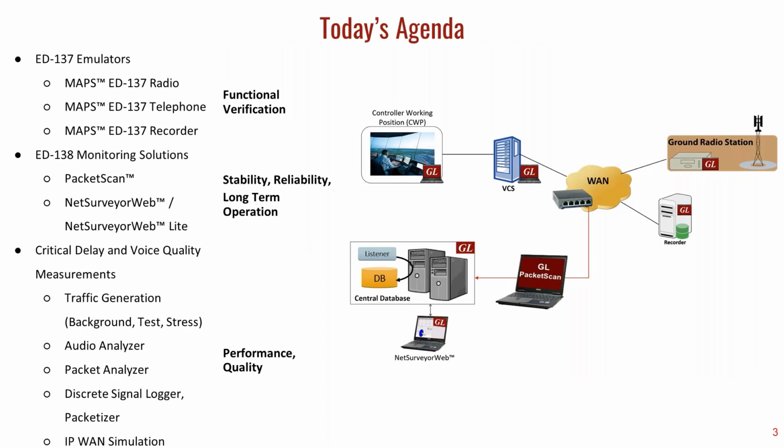Okay, so today our agenda is to present our methods to test, measure, and analyze the various elements in this new VoIP architecture for ATM voice services. As this picture depicts, ATM architecture consists of VCSs, voice control switches, ground radio stations where the actual signal is transmitted to the aircraft between air traffic controller and the pilot. It consists of recorders that record the whole voice session for safety and diagnostic purposes.